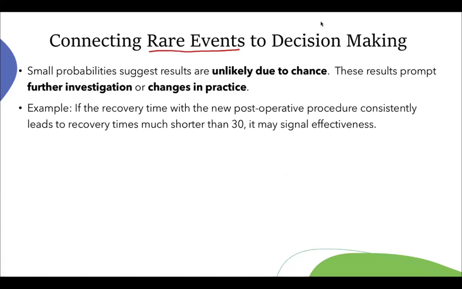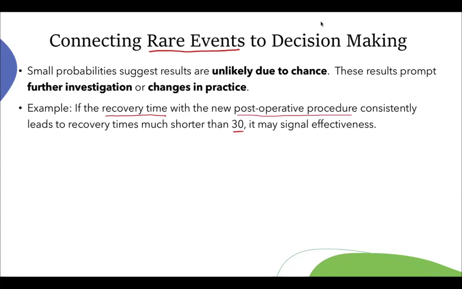So an example, we were looking at recovery times for patients getting a common surgery, but they were getting a new postoperative procedure. If the recovery time with this new post-operative procedure consistently leads to recovery times much shorter than the average population mean of 30, it may signal its effectiveness.